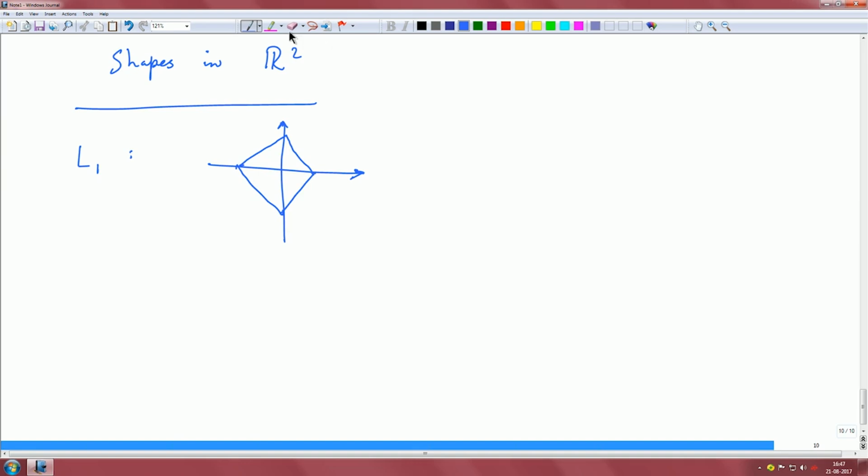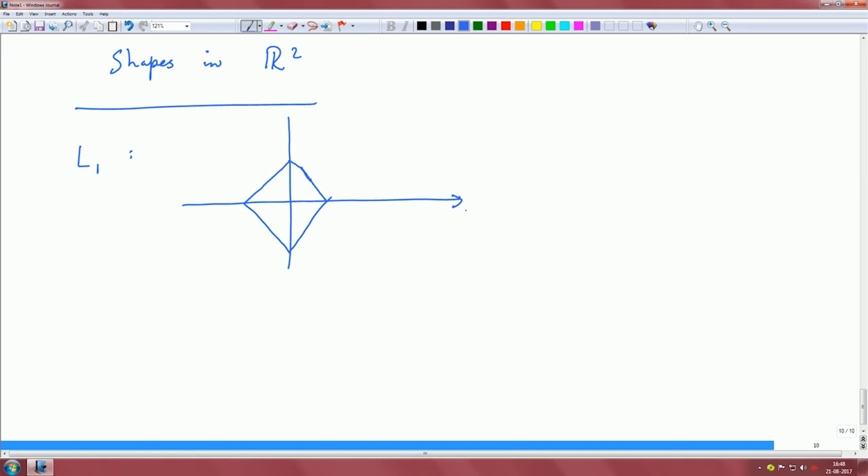My rhombus is not exactly up to mark. So, if I look at the L1 norm to be less than or equal to 1, right, all the vectors should lie inside this rhombus, right.